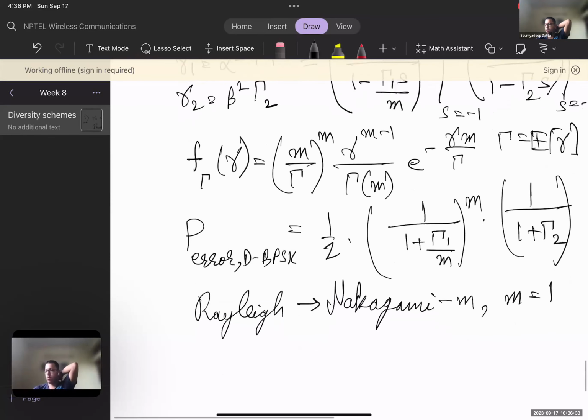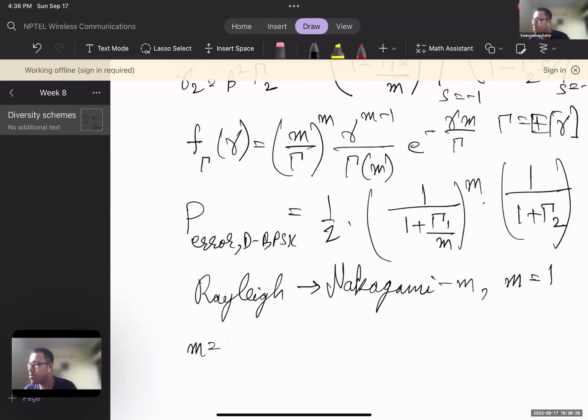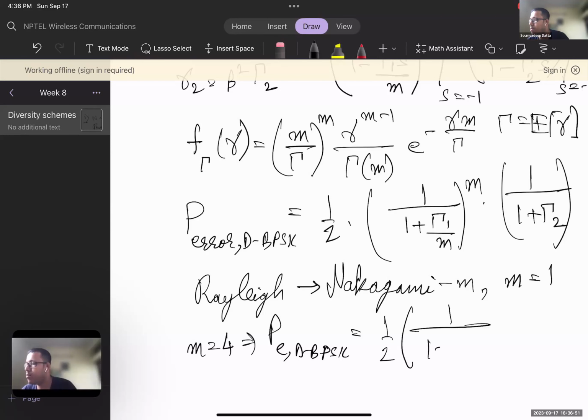You are told that for your channel m equal to 4, let's say. Then probability of error, differential BPSK, equal to half times 1 by 1 plus, now gamma 1 was 10 dB, so 10 to the power 1 divided by 4, whole to the power 4, and gamma 2 was 5 dB, so this will be 1 by 1 plus 10 to the power 0.5.